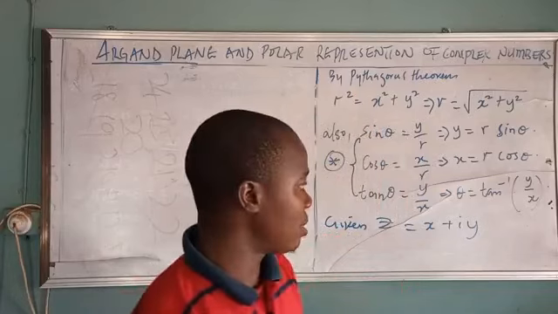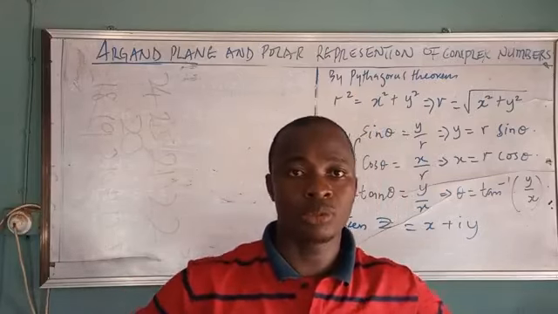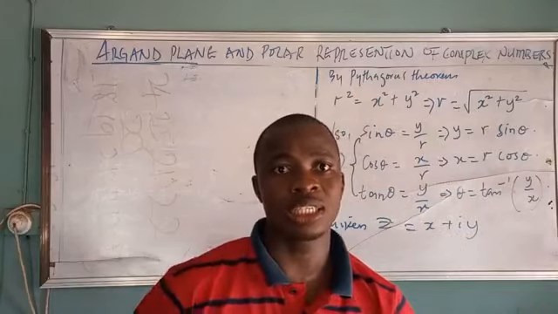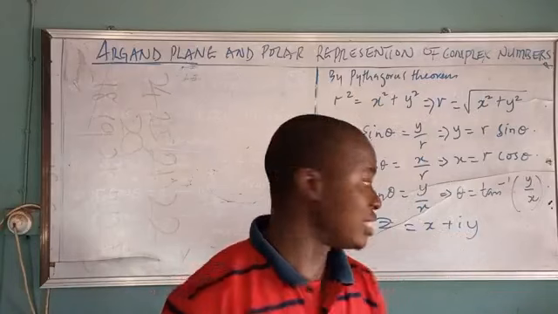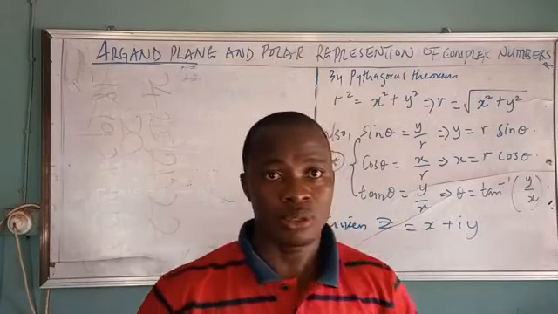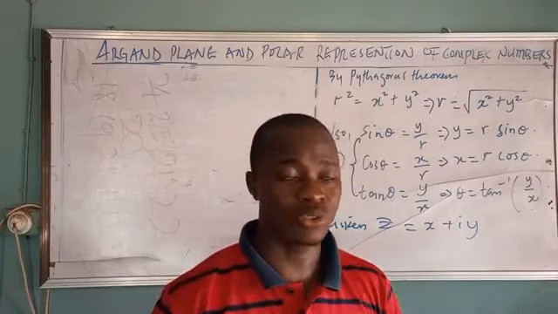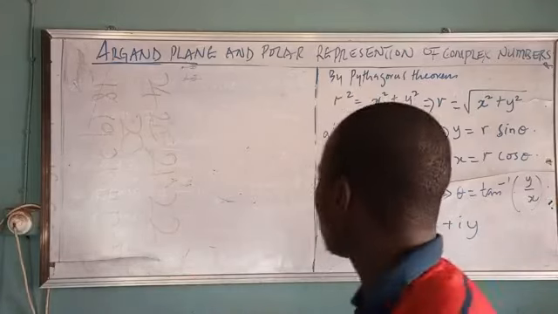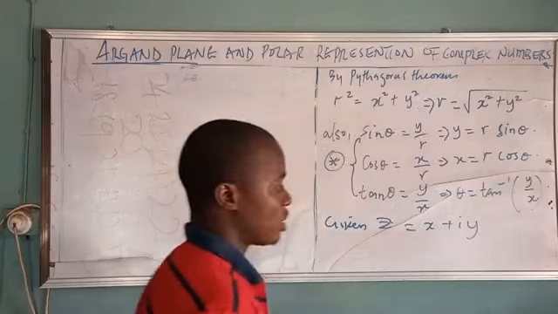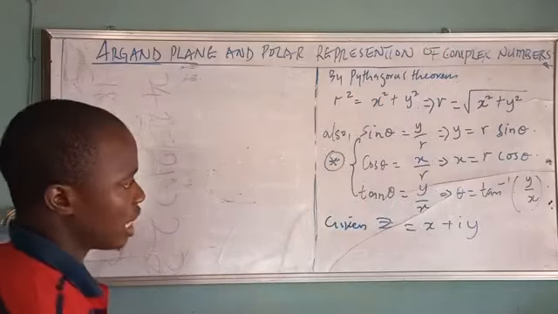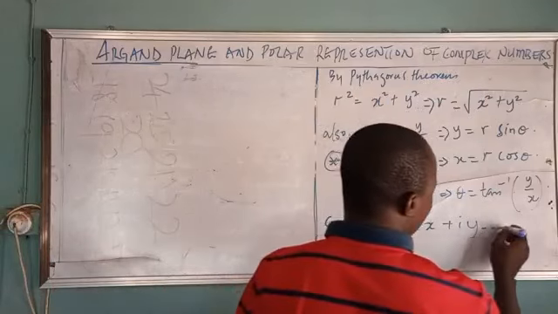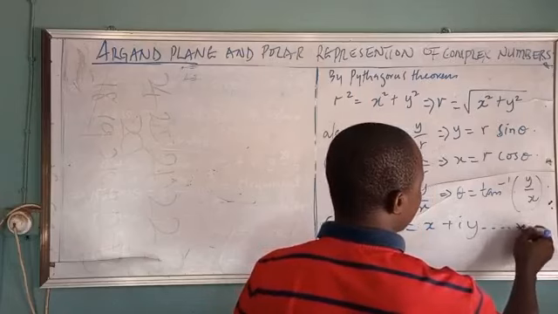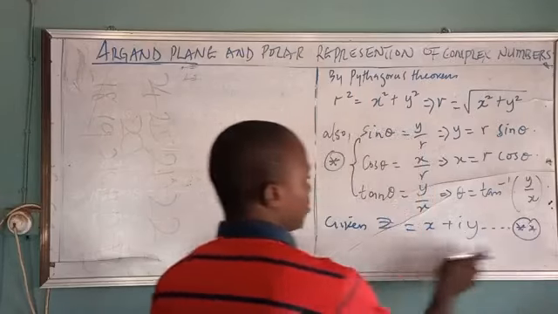If you are talking about the Argand plane, we'll be talking about axes: the x-axis is real and the y-axis is imaginary. So there is nothing wrong with that. Now I can call this one equation star, and this one equation star star.